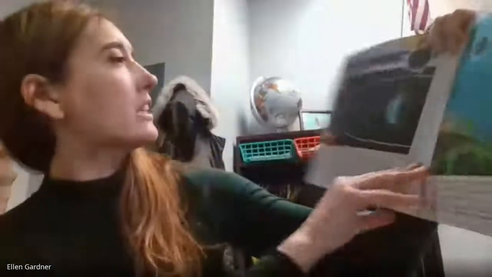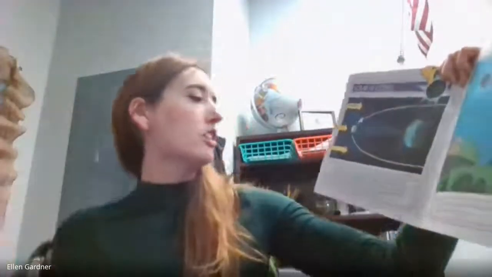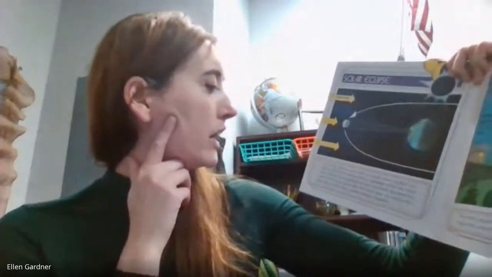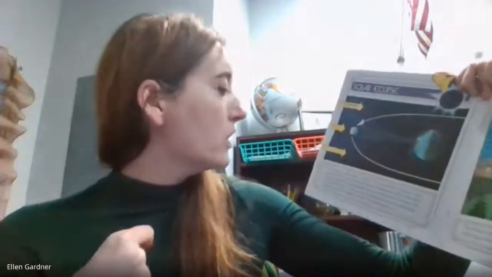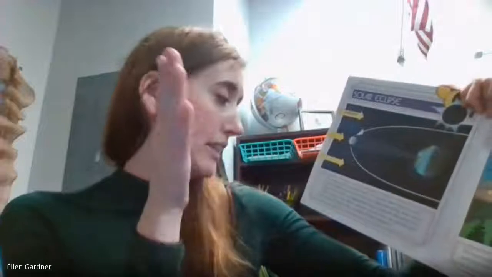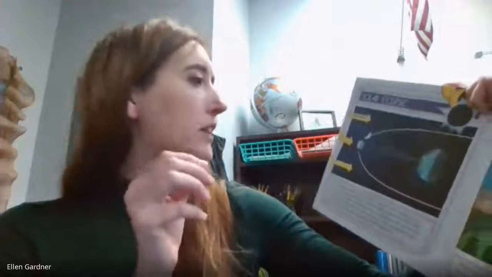So let's see what it says about solar eclipse from this book. The moon's orbit around Earth is usually tilted slightly compared to Earth's orbit around the sun. Because of this, the moon cannot exactly line up between the sun and Earth. But when the moon's orbit is not tilted, and the moon does line up exactly between the sun and Earth, so that does not happen very often, but when it does, a solar eclipse happens.